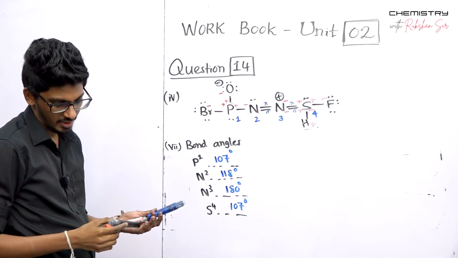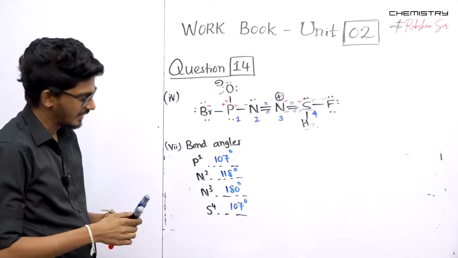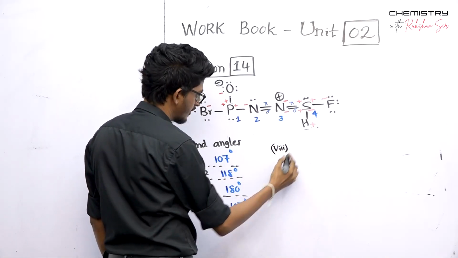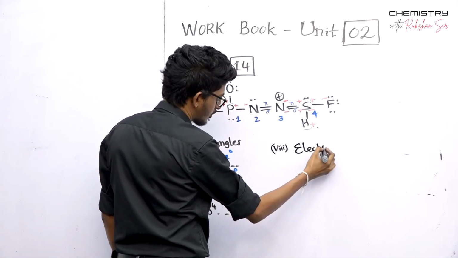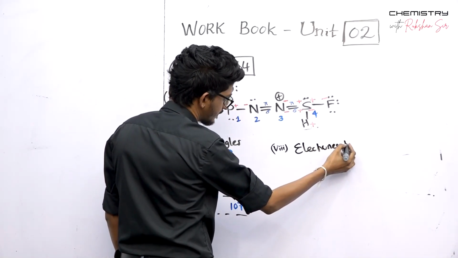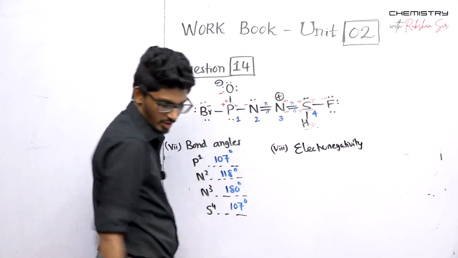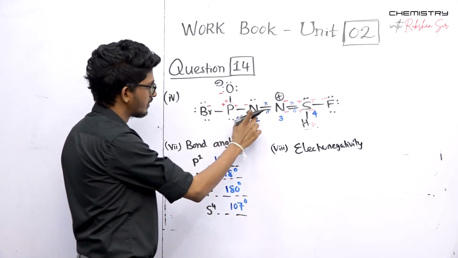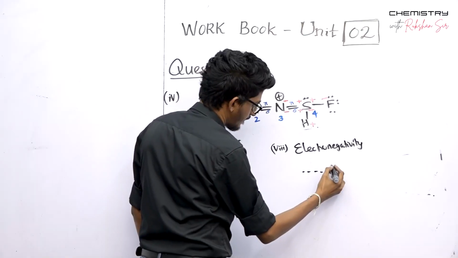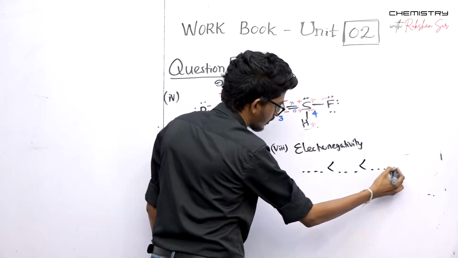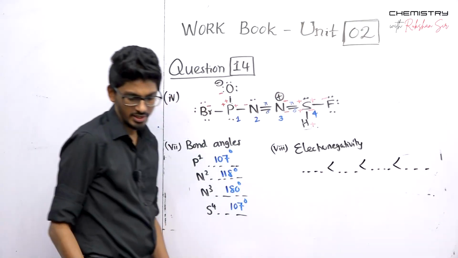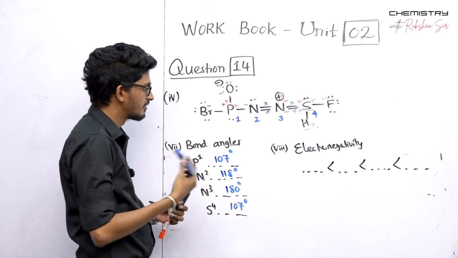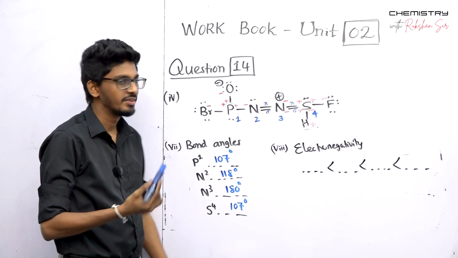Finally, we are supposed to come up with the increasing order of the electronegativity of the P1, N2, N3 and S4. First, we have to think of the Pauling scale.